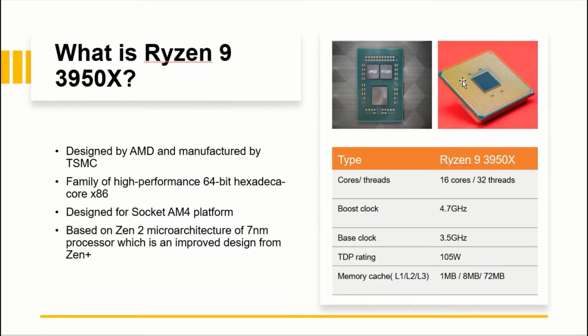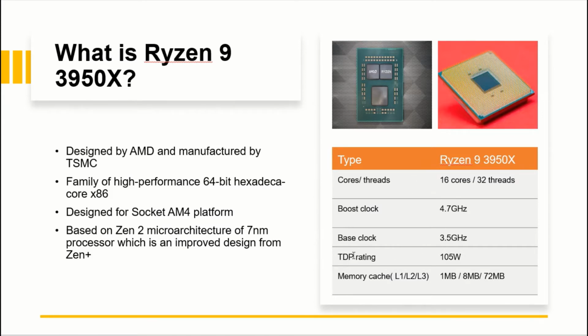Now we will be talking about the specs of Ryzen 9 3950X. Ryzen 9 3950X has 16 cores and 32 threads, which is highly suitable for gaming, multitasking, productivity, that is, for content creators.